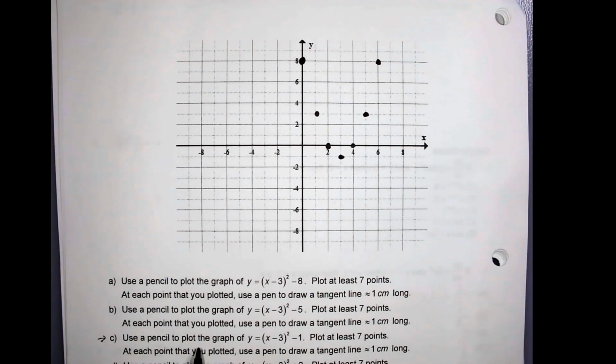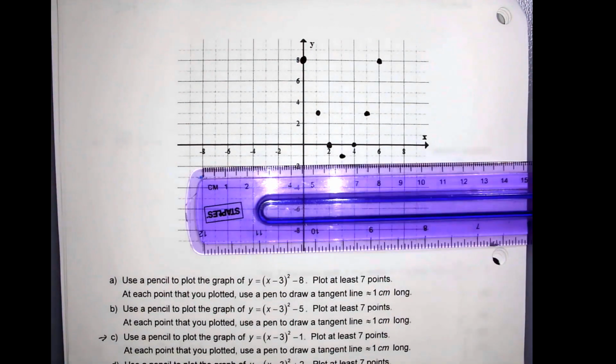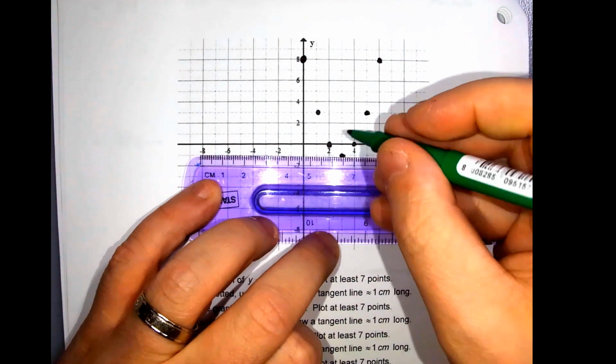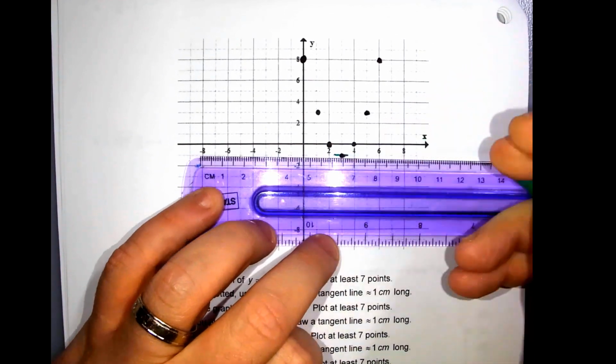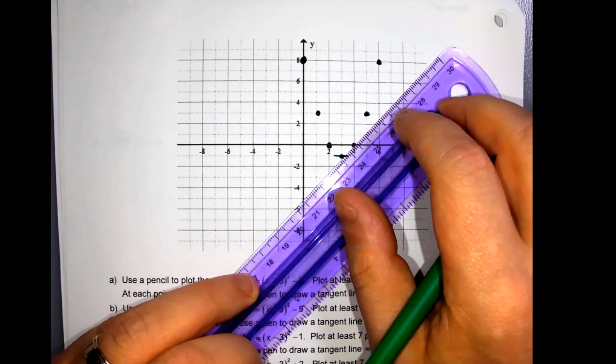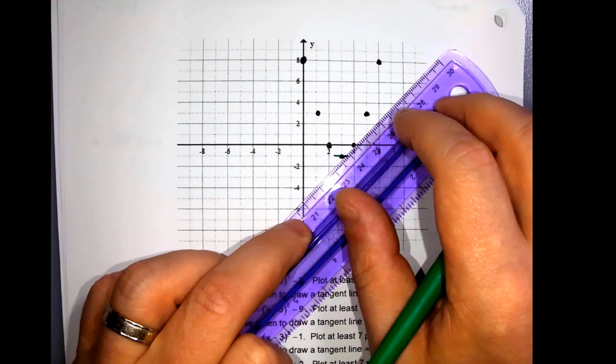And then it says, at each point you made, use a pen to draw a tangent line that was about 1 centimeter long. So we'll do that in green. Of course, down here at the bottom, the tangent line would be horizontal. And then as we move this direction, the tangent line would become more and more positively sloped, right?